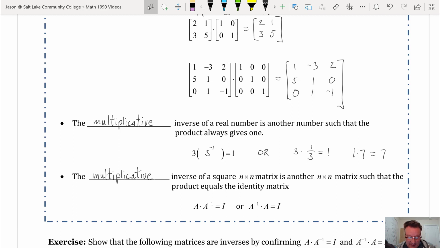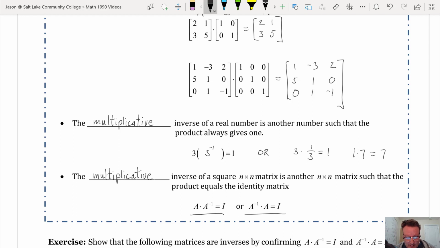Whatever that inverse matrix is, when you multiply it by A, you're going to get the identity. And it doesn't matter which side of A you put the inverse matrix on. You can put A inverse on the right side of A or on the left side of A. When you do that product, you will get the identity matrix.